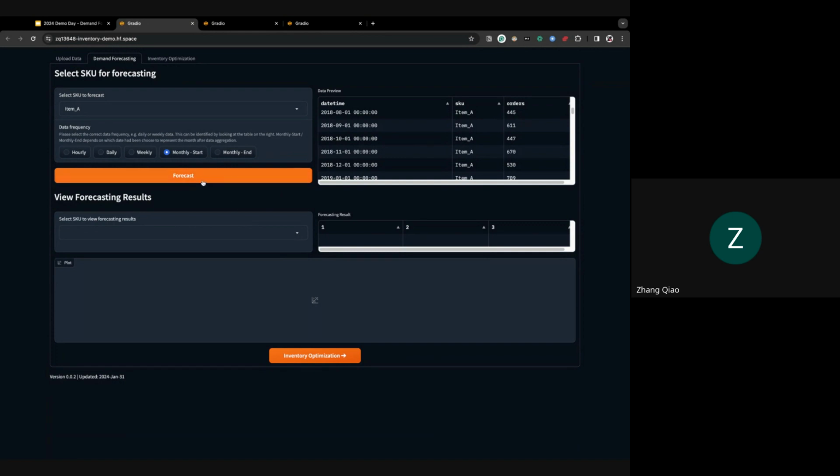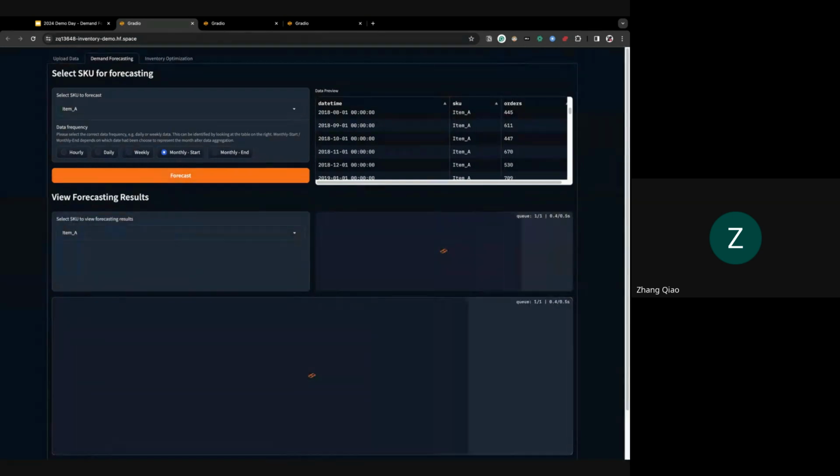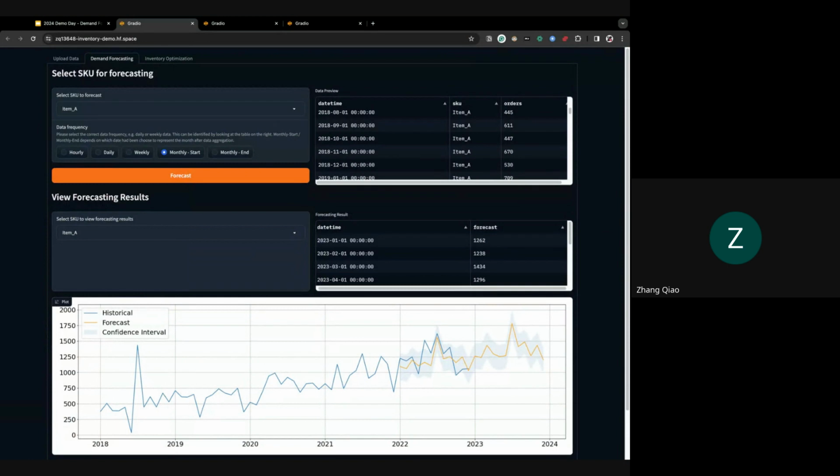And now we can proceed to forecast. What happens here is we will first split the data into 80% and 20%. We use the first 80% of the historical data to build a model first and use the model to forecast this range, this area where the blue line and orange line overlap.